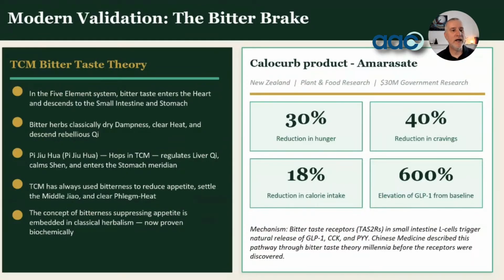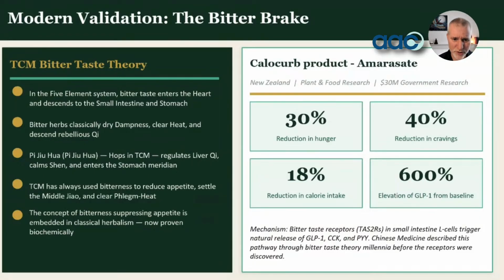So I want to point out one really cool study. I saw this company called Calocurb, which is based in New Zealand. They made a research on hops, which is a specific kind of hops that's grown in New Zealand.